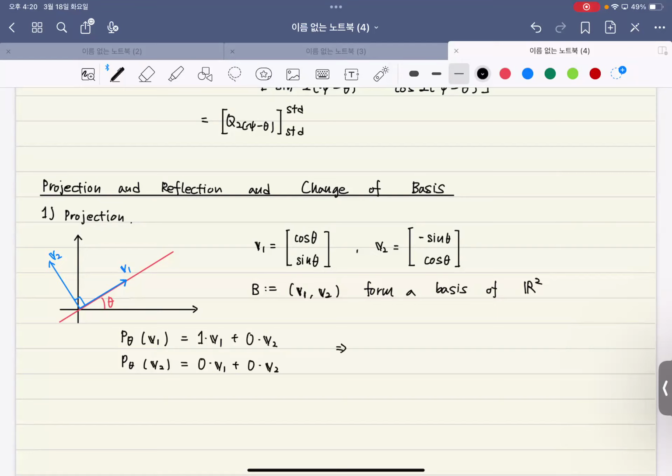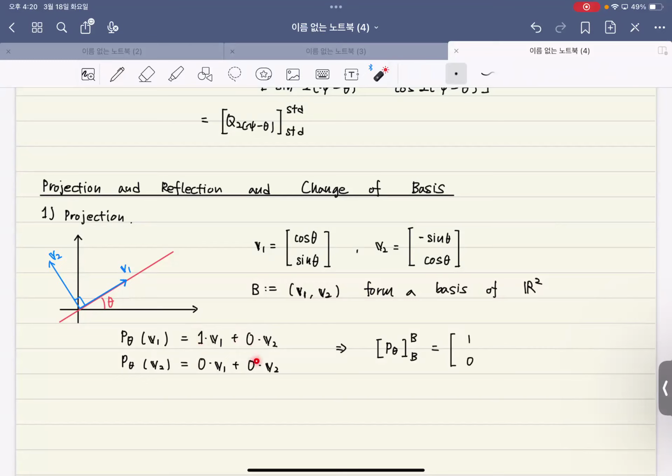Okay. Now, just looking at these two equations, we now know the matrix representation of P theta in terms of the basis B. I have 1 and 0 here, so 1, 0.